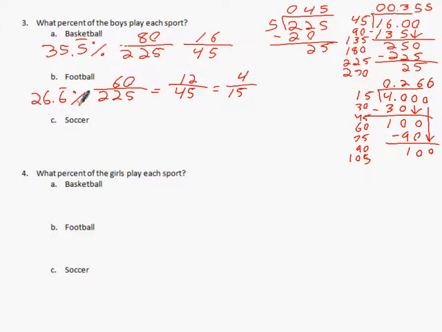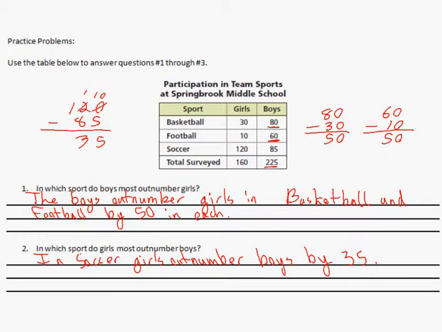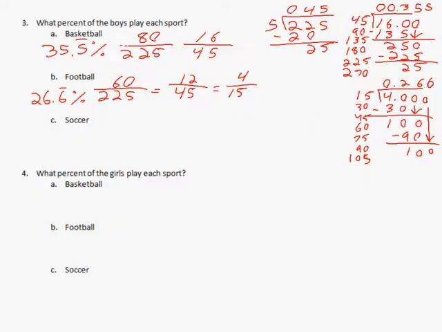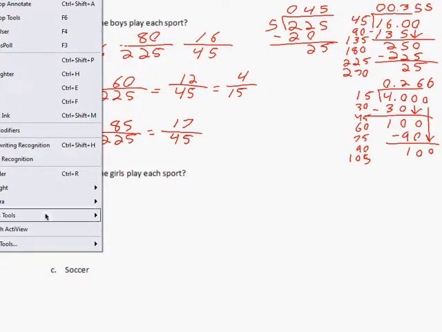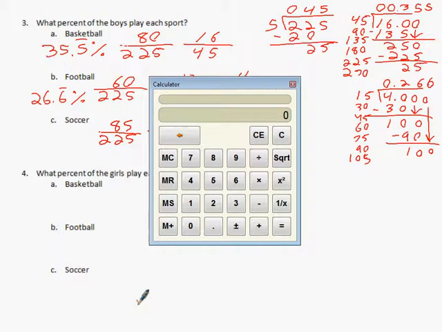Now, soccer's the last one. It is 85 out of 225. Going to simplify that. 85 divided by 5 is 17. Bottom turns into 45 still. Now, you see what this overall is doing every time. You just have to divide. So, to save some time, I'm going to use a calculator for these last few.